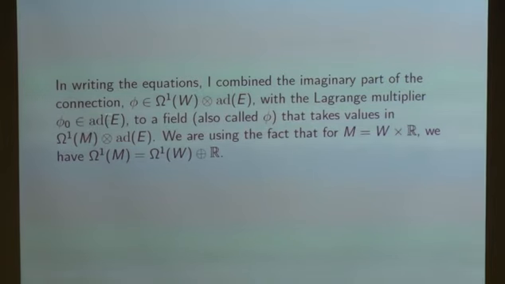I combined the two into a field that I called phi, that takes values in 1-forms on M. I've used the fact that since the 4-manifold M was W times R, 1-forms on M are 1-forms on W plus R. So what combined, in writing the equations with 4-dimensional symmetry, into a 1-form on M started life as a 1-form on W, and then we decided to add a Lagrange multiplier, which lived in the second one. And then it all combined together into an equation with 4-dimensional symmetry.